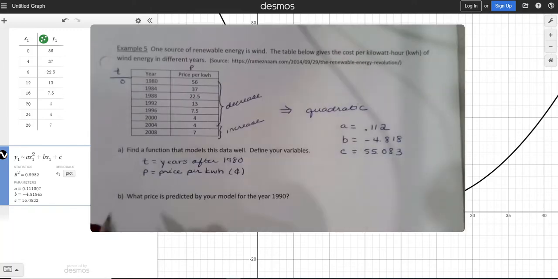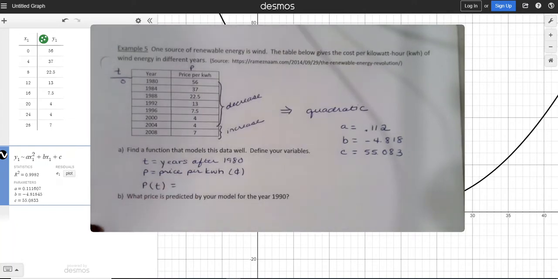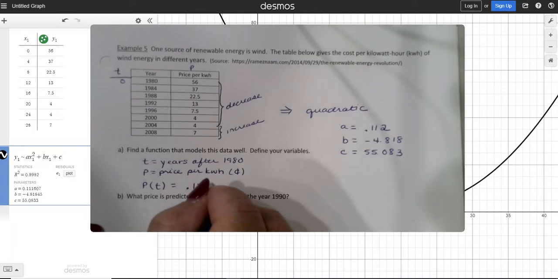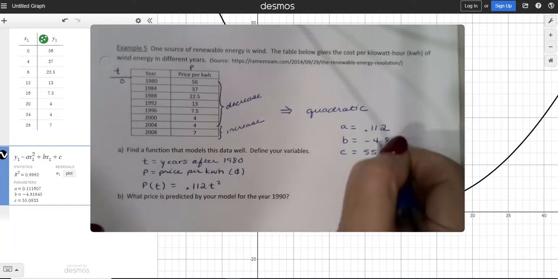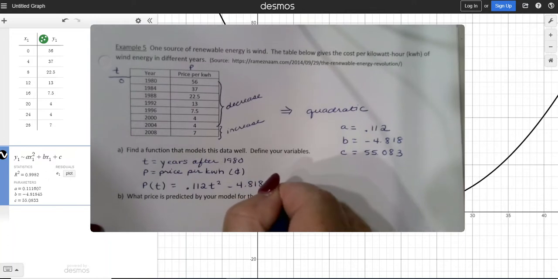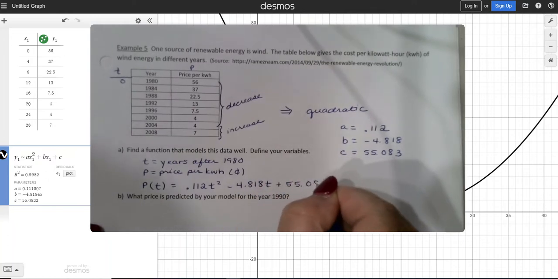All right, so mine is going to be a P of t with my variables. And that'll be 0.112 t squared minus 4.818 t plus 55.083.